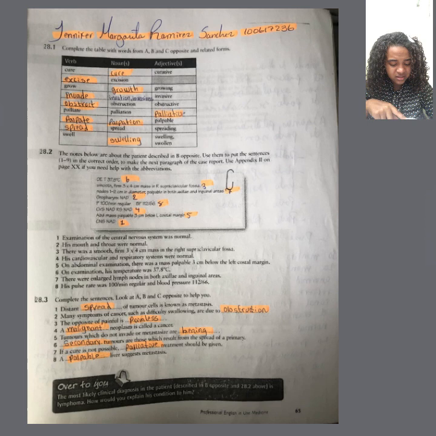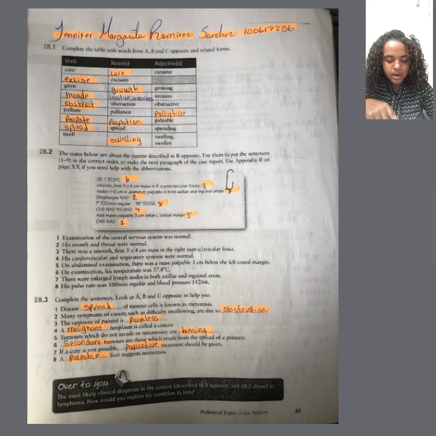Number 8. And his pulse rate was 100 per minute, regular, and blood pressure 102 systolic. CVS and respiratory system NAD. Number 4. His cardiovascular and respiratory systems were normal.